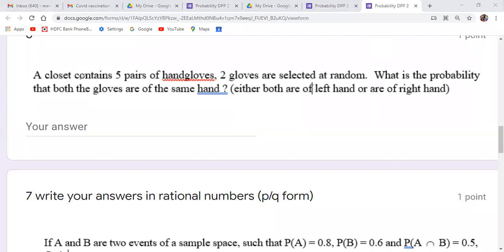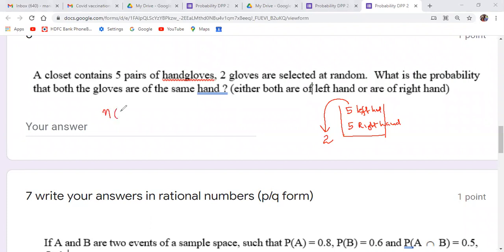Just read the question. A closet contains 5 pairs of hand gloves. That means how many gloves are there in the box? 10 gloves, because 5 are of the left hand and 5 of the right hand. A person selects 2 gloves at random.